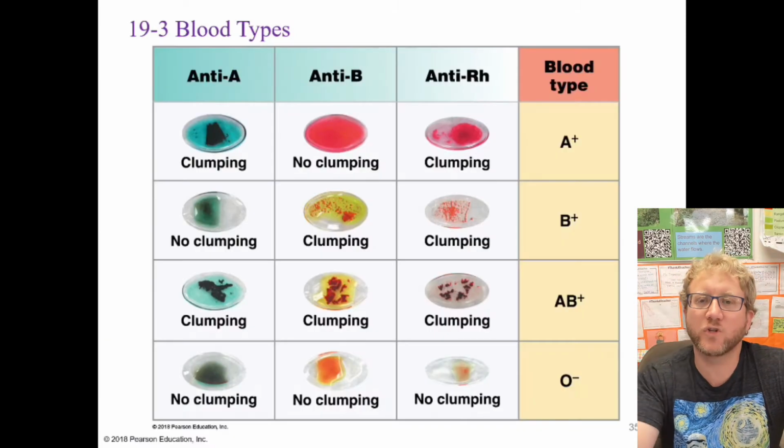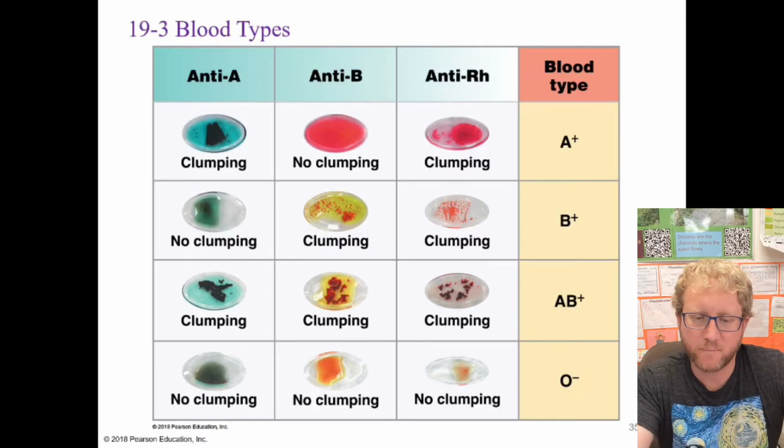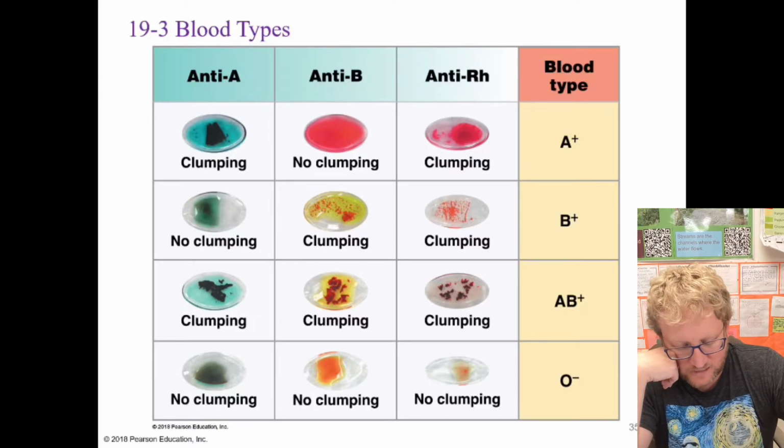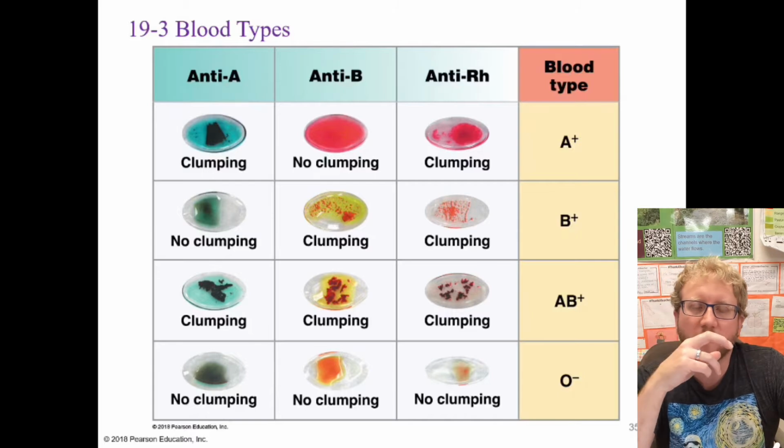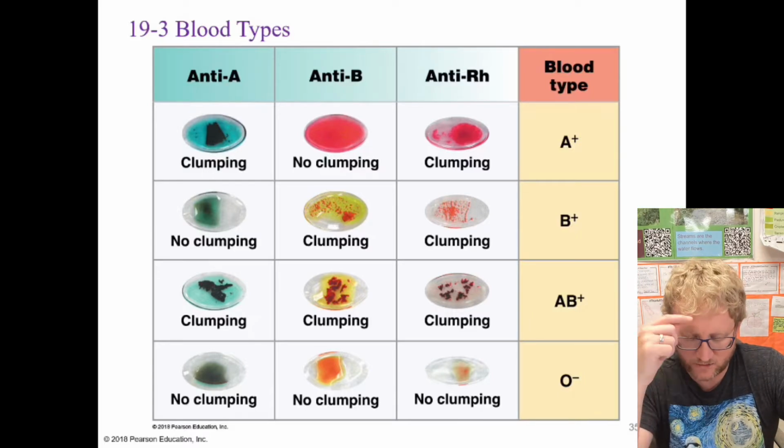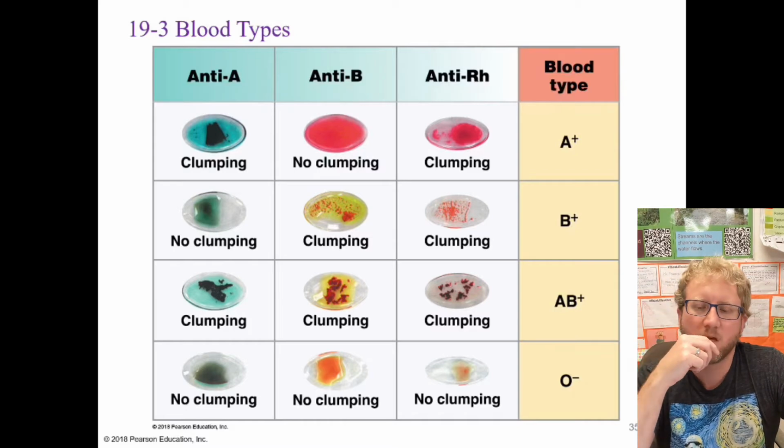And so you can do simple blood typing tests. Basically, if you've got three serums, an anti-A serum, an anti-B serum, and an anti-Rh serum, and you see clumping anywhere, then you know that blood type has those antigens.